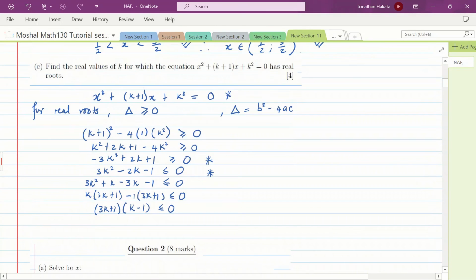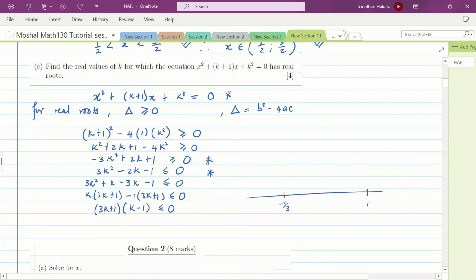Now, find the real values of k for which the... Okay, so we have two critical points. You can just check on the number line. One is minus 1 over 3, and the other one is a positive 1.